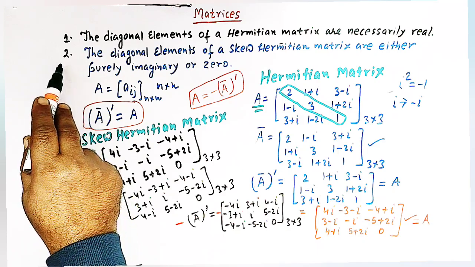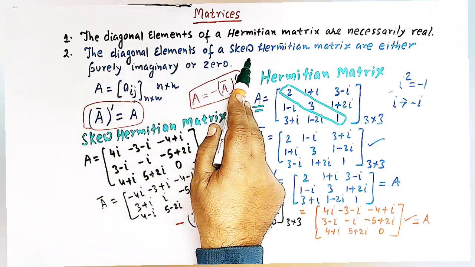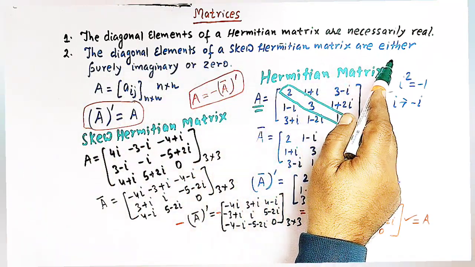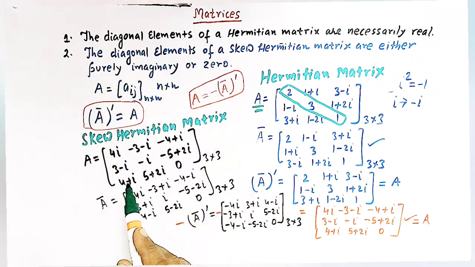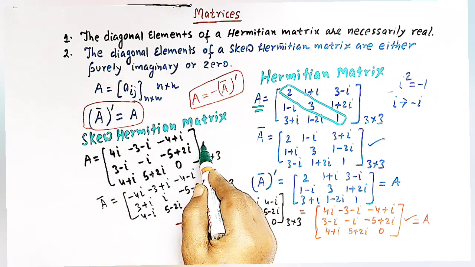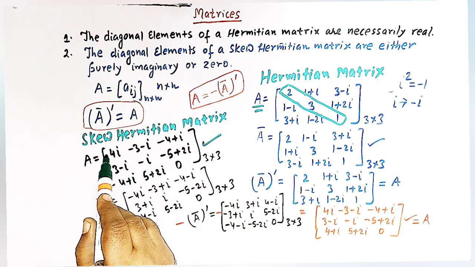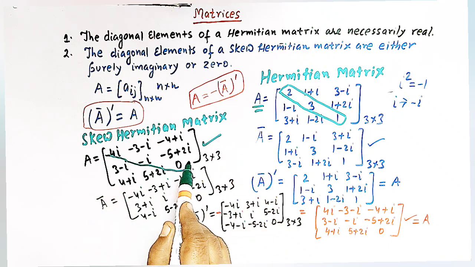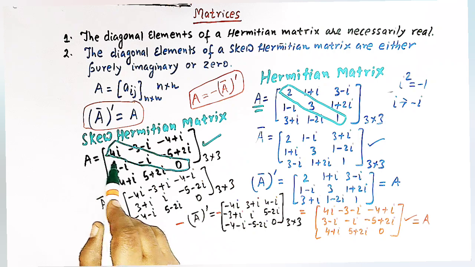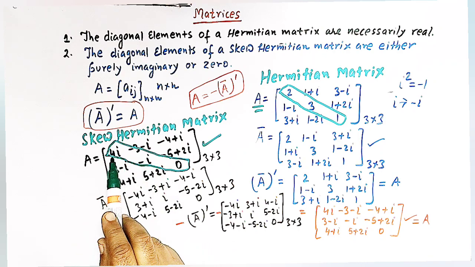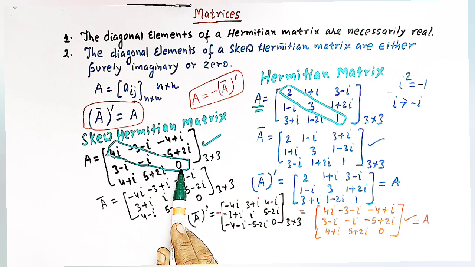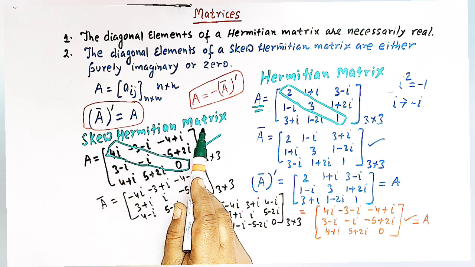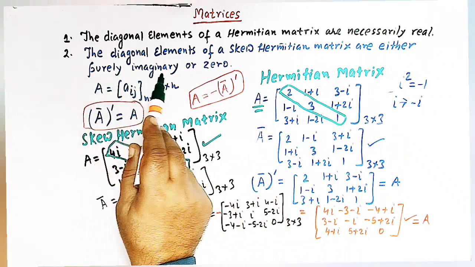And in the second case, the diagonal elements of a skew Hermitian matrix are either purely imaginary or zero. So here we have taken this example, and we can see that these are the elements of the diagonal, right? And here we have 4i, minus i, and a 0. So the diagonal elements of a skew Hermitian matrix are either purely imaginary.